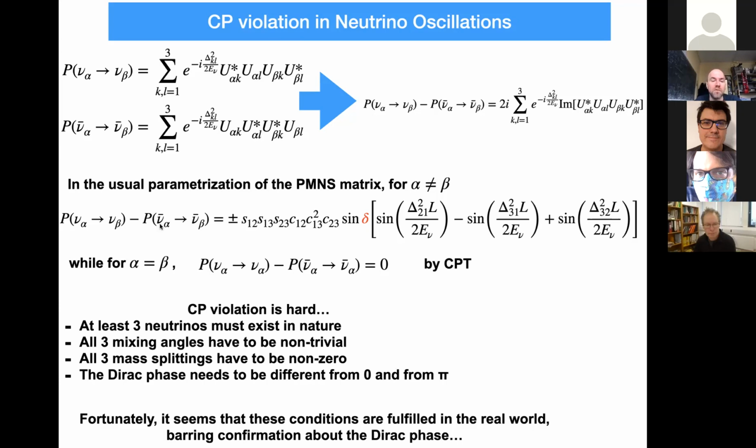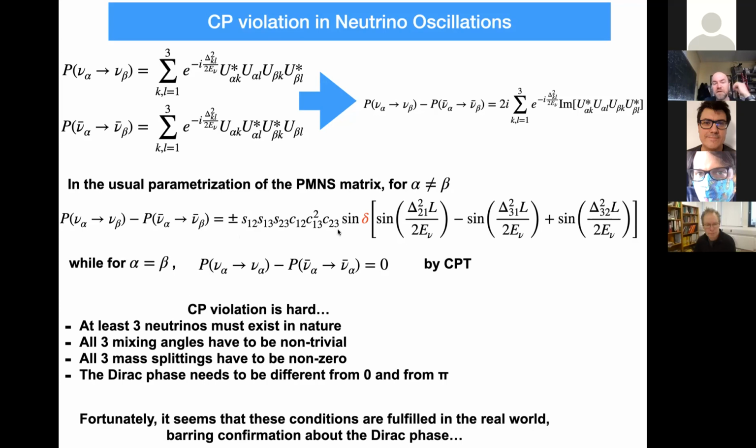But now when we want to get to observables, there are all these mounting problems. So for neutrinos, you see that at least 3 neutrinos must exist in nature. Otherwise, if there are only 2 neutrinos, this CP violation will not happen in neutrino oscillations.